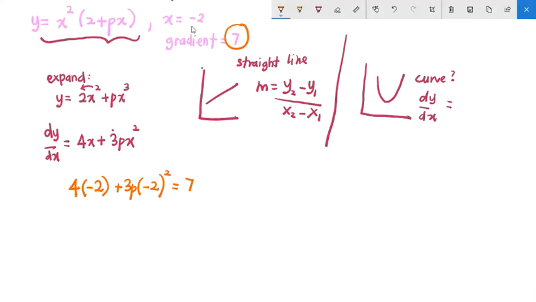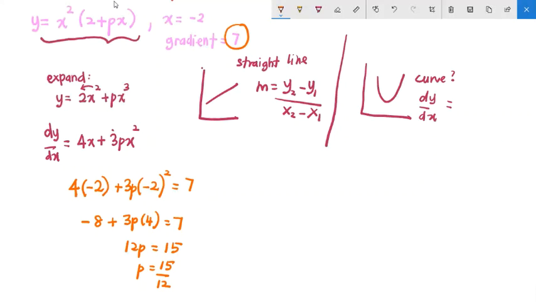So 4 times negative 2 is negative 8 plus 3p times 4 is equal to 7. 12p is equal to 15. Then p is equal to 15 over 12. So dapat p is equal to 15 over 12.